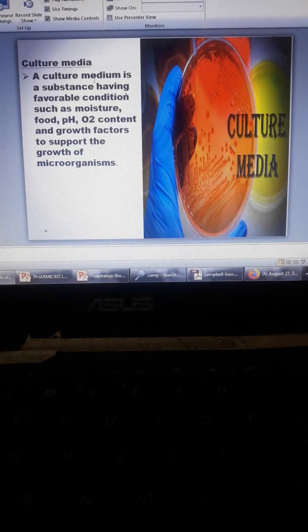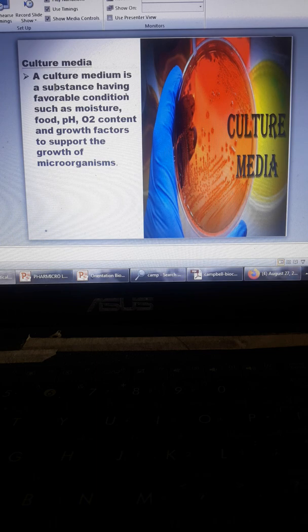Okay, this one is a culture media. So, culture medium is a substance having favorable conditions such as moisture, food, pH, oxygen content, and growth factors to support the growth of bacteria. Later on we'll discuss the environment wherein bacteria are going to survive.